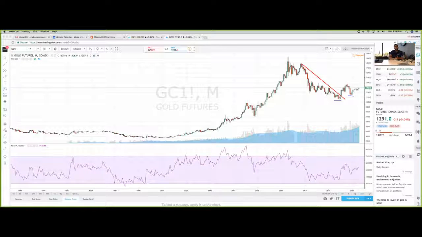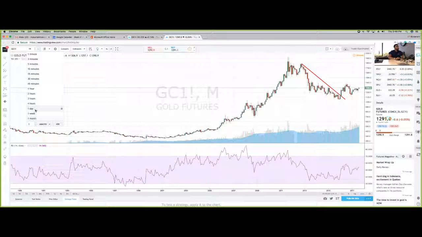So this is that monthly chart to kind of show you what I was talking about, how gold bottomed out in December 2015, then jumped out of this trend line, broke out of this trend line, and then started going higher. And in that time period, in 2017, what I'm going to do is change this into a daily chart quick, so you can visualize that.